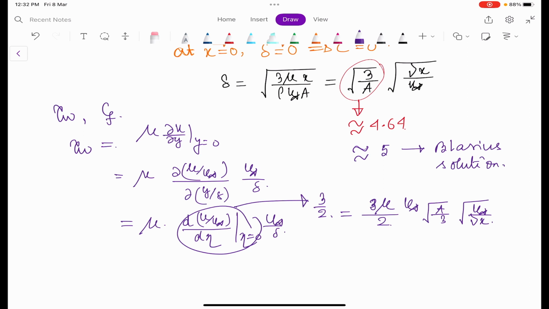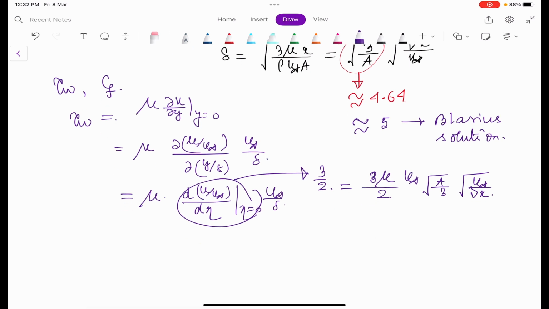That is, the tau wall will be proportional to Re_x to the power minus half, but just the constants will differ. So here the constant is this, actually 3 mu, I think no, mu will be there also, okay. So I am completing the manipulation here for you. 3 by 2 into root a by 3, here the constant is this. You want a rho u infinity square here, okay.